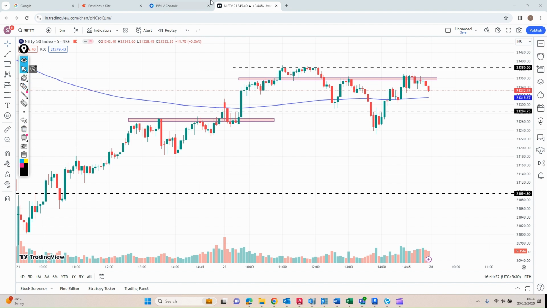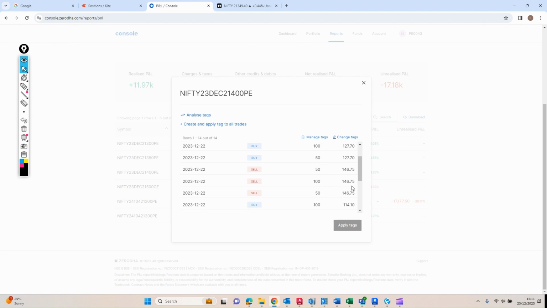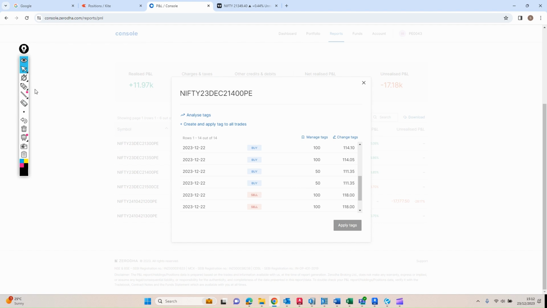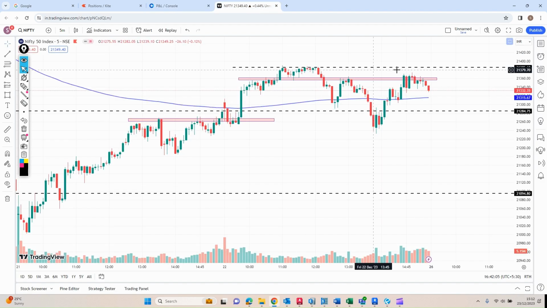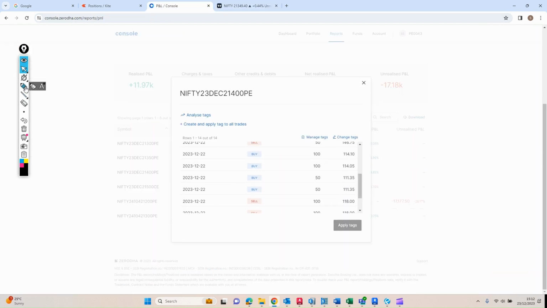So this was a trade with 200 quantities, wherein I squared off my position at 146.75. In the second stage, when the market gave a breakdown at this point itself, I entered the trade around 310 or so. I had around six lots this time, wherein I bought at 114, and again averaged my position at 111.